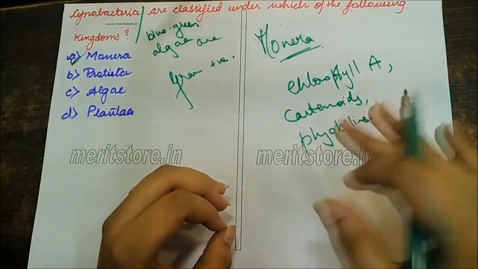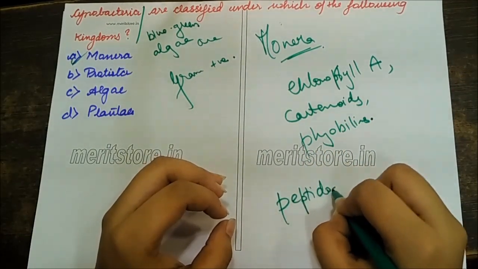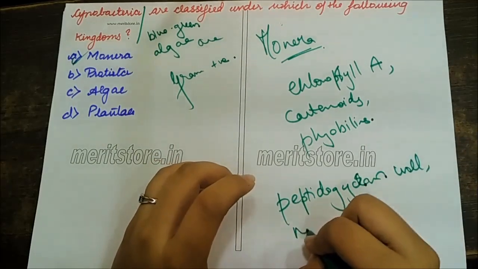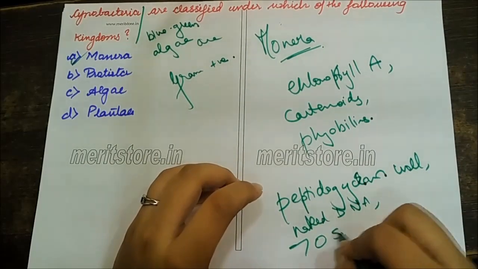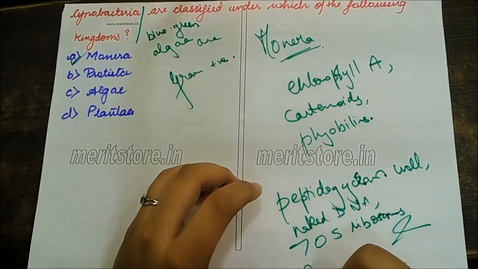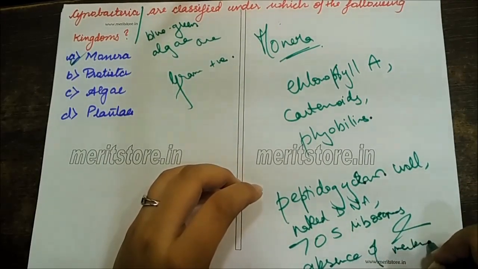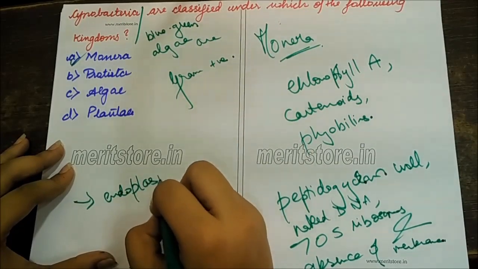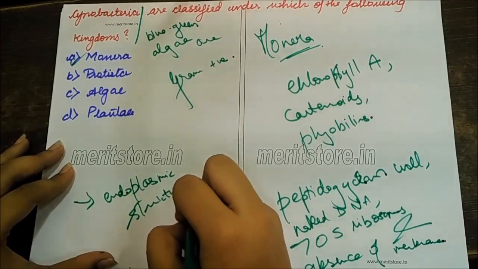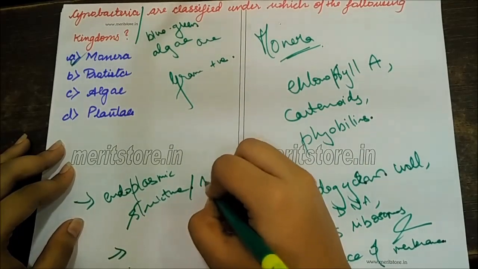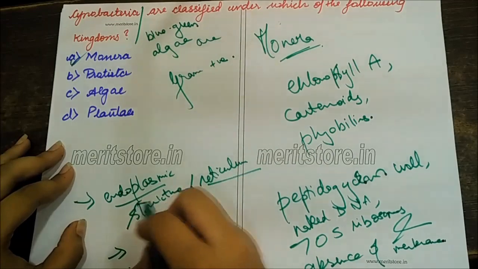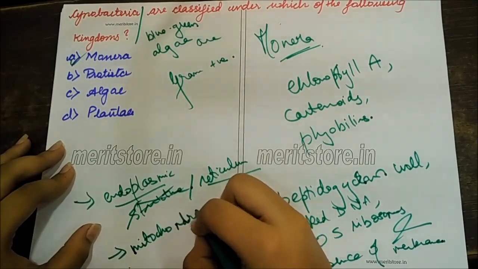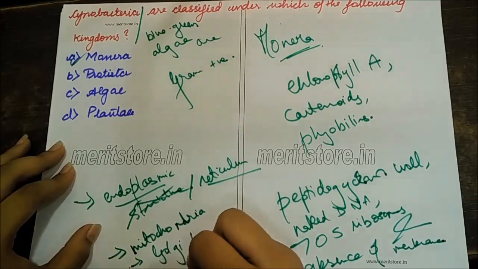Envelope organization with peptidoglycan, cell wall, naked DNA, 70S ribosomes, and the last but not the least, absence of membrane bound structures like endoplasmic reticulum, mitochondria, Golgi bodies, and many others.